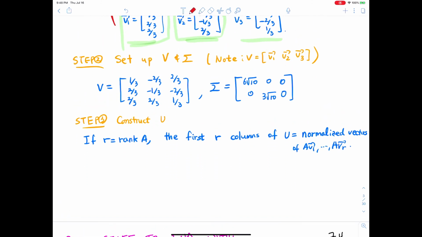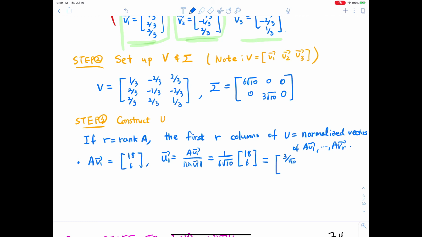If you calculate AV1, this gives you 18 and 6. So the first column of U equals AV1 divided by its magnitude. We already know the magnitude of AVi is the same as the singular value corresponding to that eigenvector. So it should be 1 over 6 square root of 10 times 18 and 6, which equals 3 over square root of 10 and 1 over square root of 10.